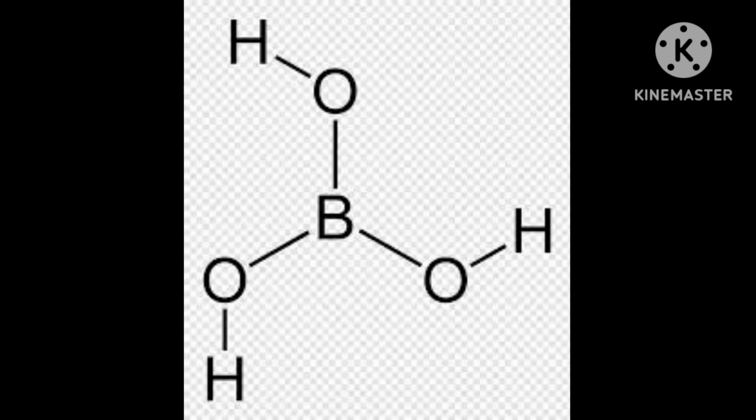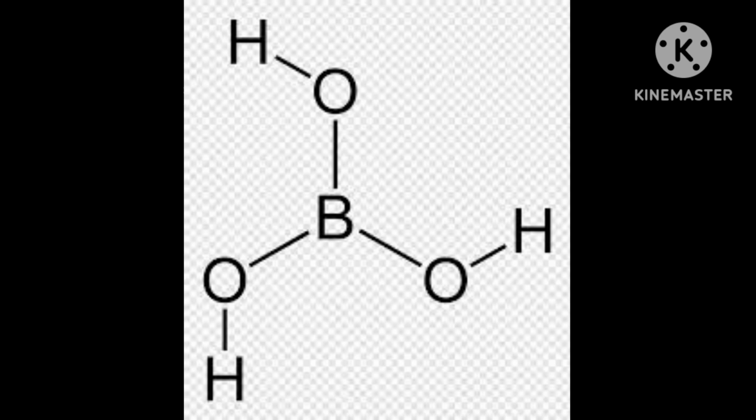Then this O will attract this H, means H will be in the middle with O upside and O downside, and these O are joined with B, boron. That's why you will find many layers.